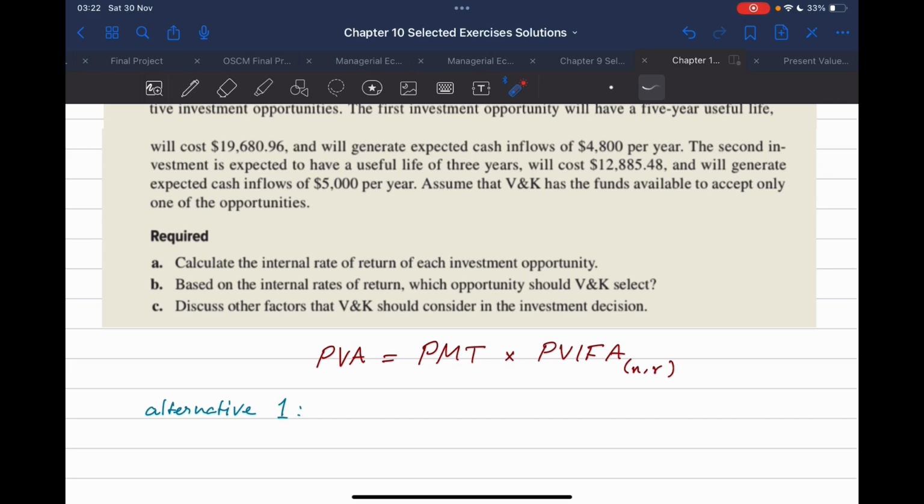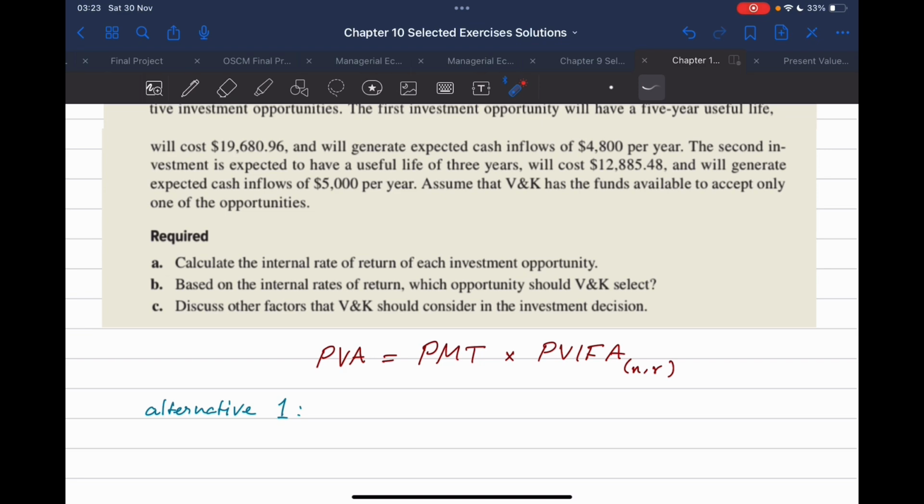Then, going to the present value interest factor of annuity table, which is table number 2, and knowing the number of years, I'm going to go to that line and find my rate of return.